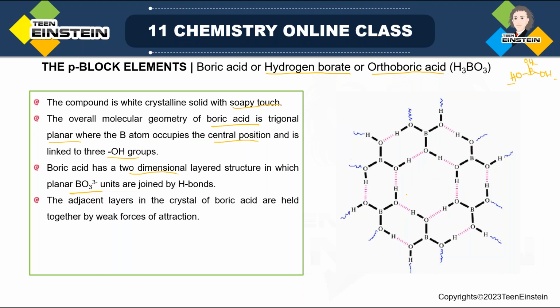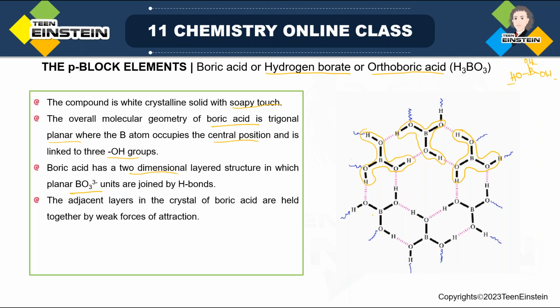As you can see here, if you simply focus on the solid bond part, there is no dotted line. So this is one H3BO3, then another H3BO3, a third H3BO3.